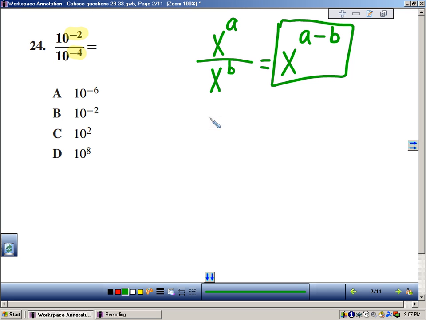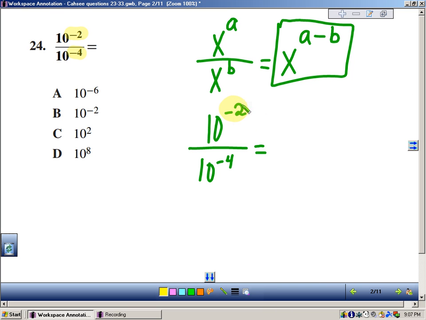Let's write this down. Okay. According to what I just said, we're now going to subtract these exponents. One base, since they're common, right? Negative 2, subtract, so I'll put the subtraction sign because it's part of the rule, negative 4.